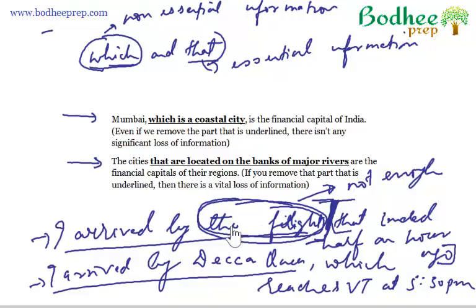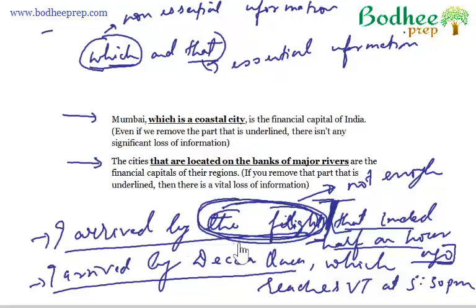Now the flight is not enough for me to understand which flight and what kind of flight. There is critical loss of information. Why? Because when I get to know that the flight landed half an hour ago, I get complete information.